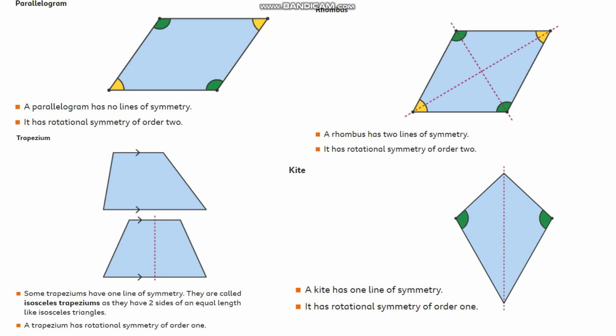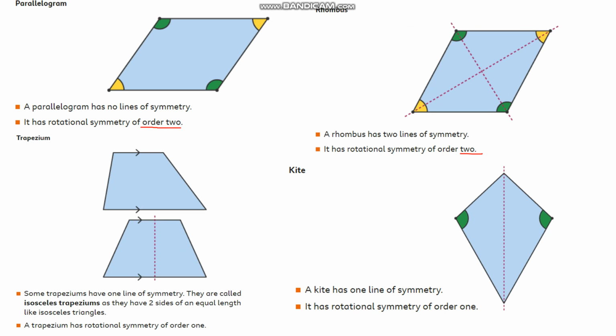And then a parallelogram has no lines of symmetry, and it has rotational symmetry of order 2. And a rhombus has 2 lines of symmetry, which are shown in purple, and it has rotational symmetry of order 2.